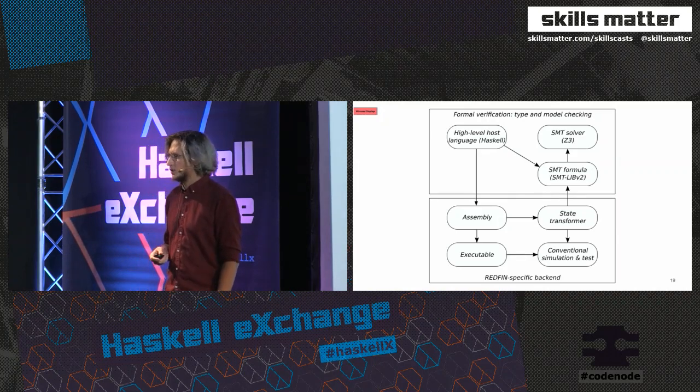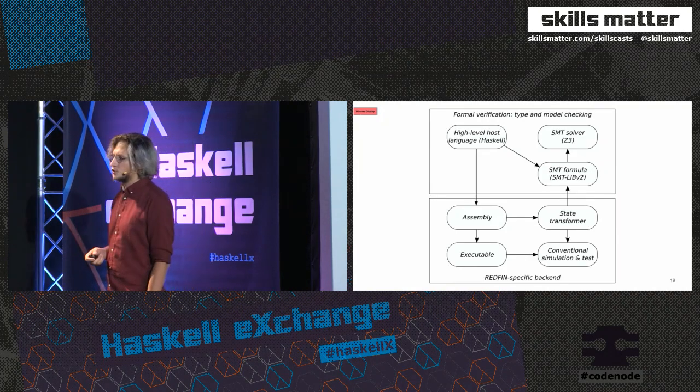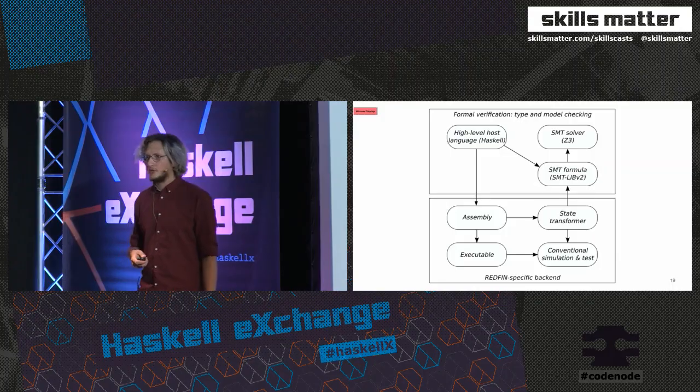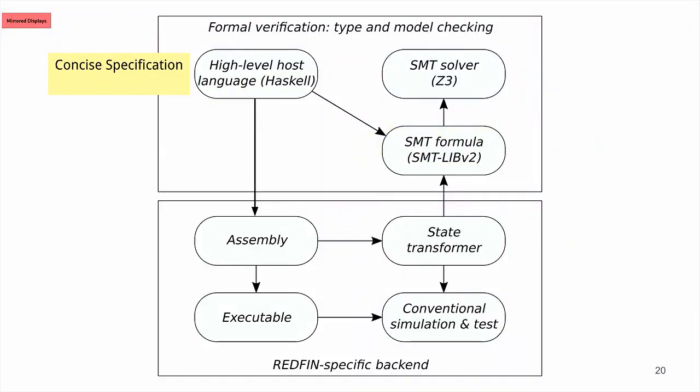Besides just writing assembly, we can actually write high-level specifications for our programs in Haskell, in a subset of Haskell. And we can refine this specification with efficient implementations in assembly.